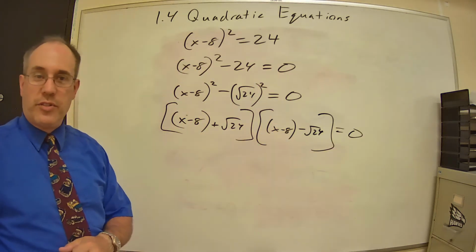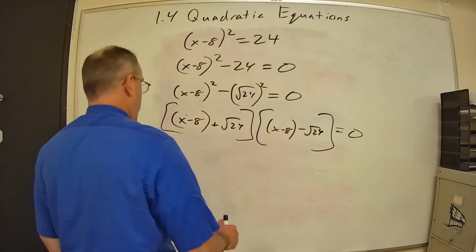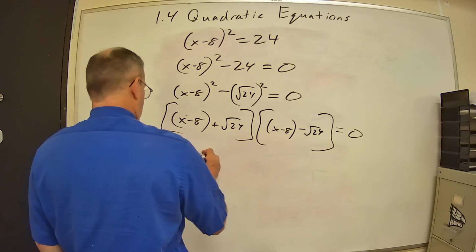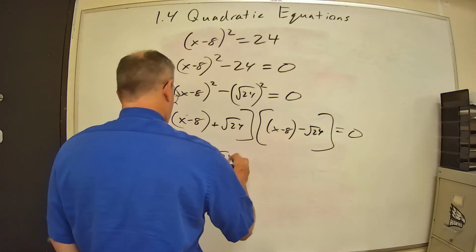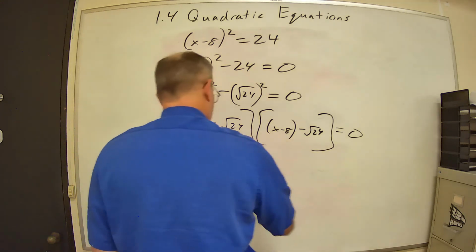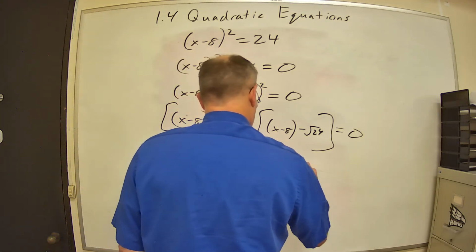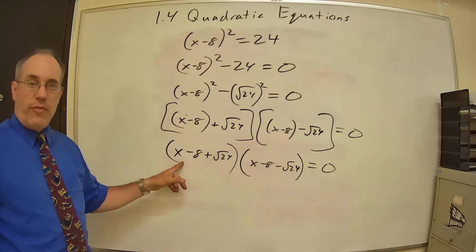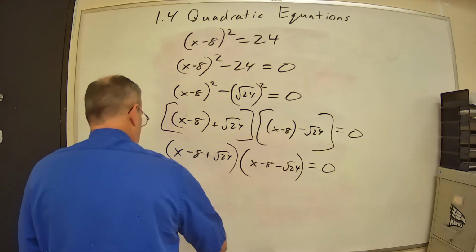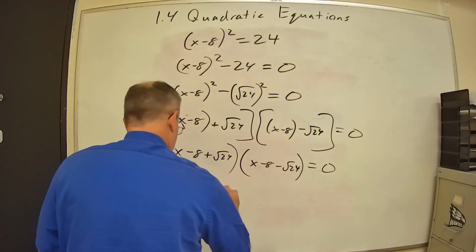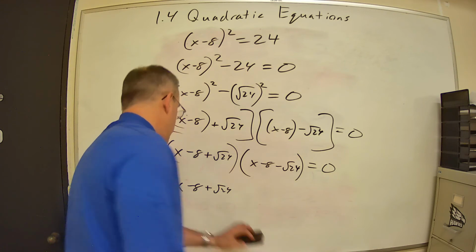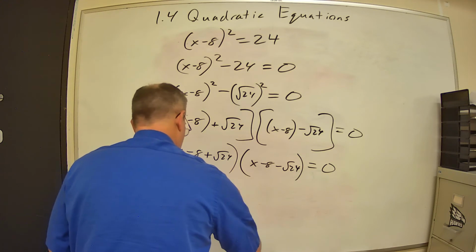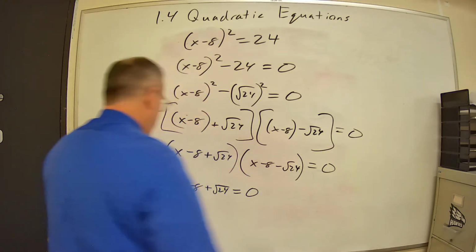So I've got this product of a sum and a difference. So now I can make this x minus 8 plus the square root of 24, x minus 8 minus the square root of 24 is equal to 0, and I can start solving for x. So x minus 8 plus the square root of 24 is equal to 0.